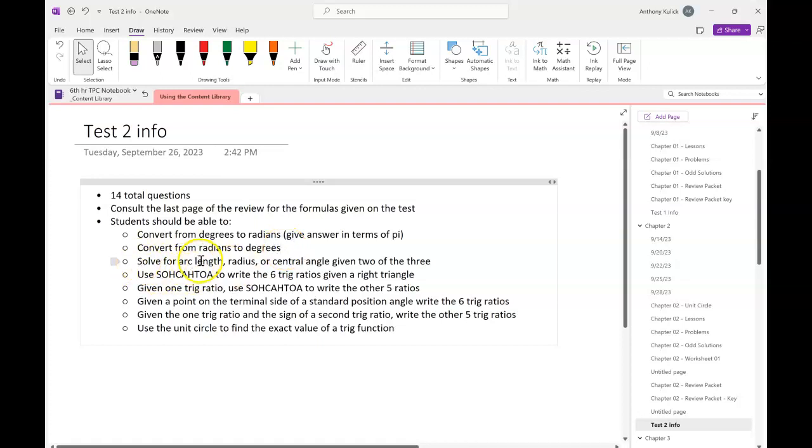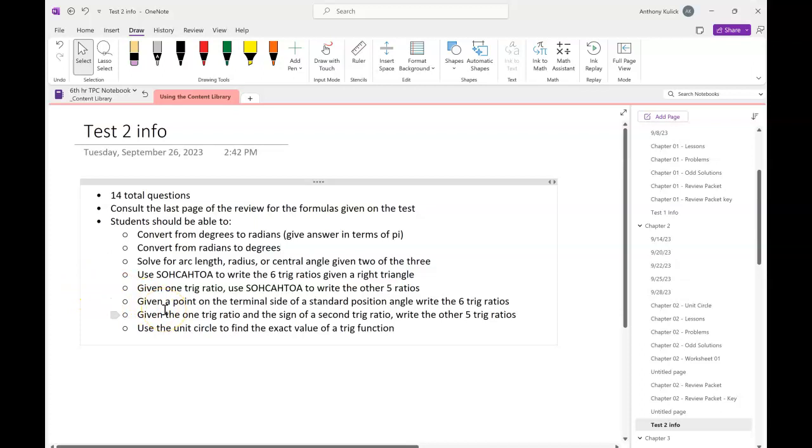Should be able to solve for either the arc length, the radius, or the central angle if you're given 2 of the 3. You should be able to use SOHCAHTOA to write the 6 trig ratios given a right triangle. If you're given 1 trig ratio, you should be able to use SOHCAHTOA to write the other 5 ratios.